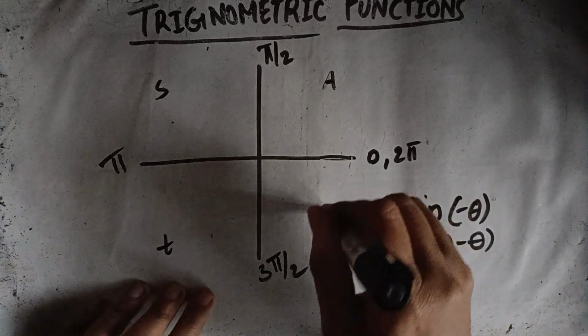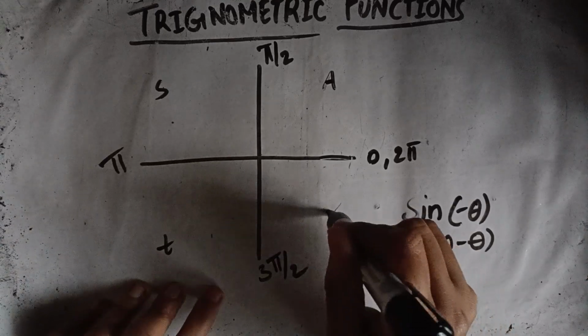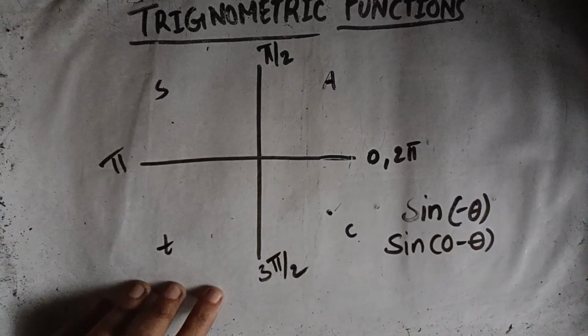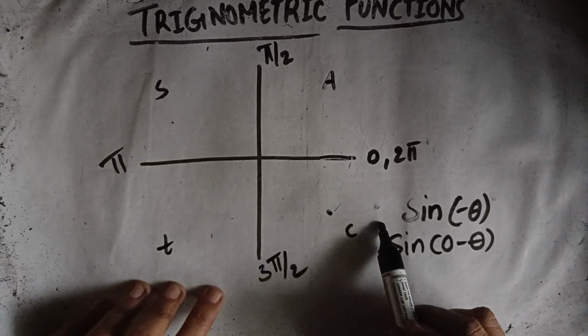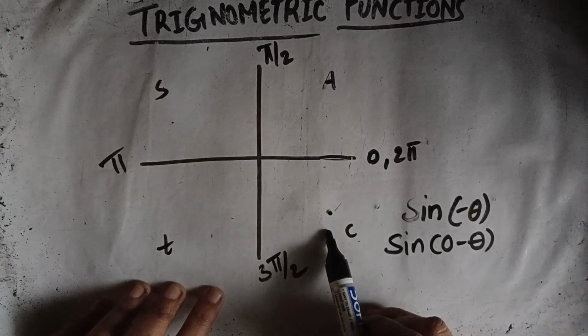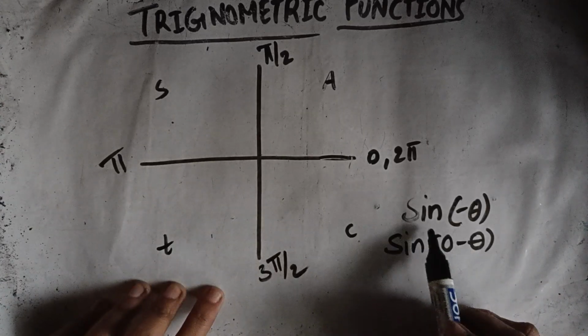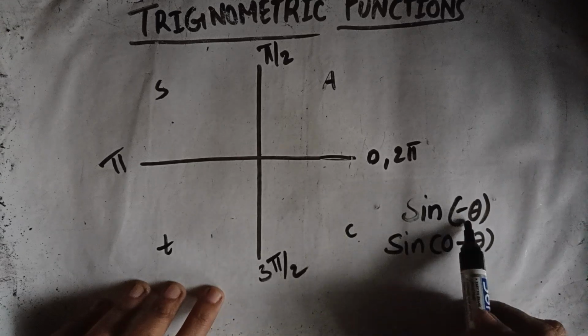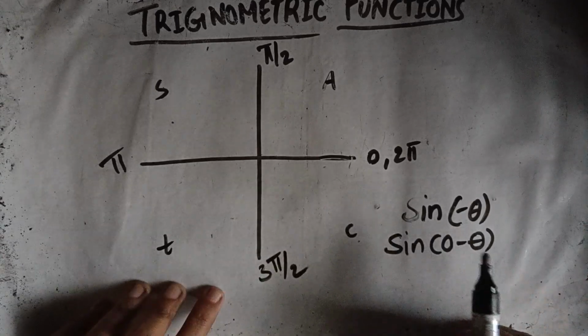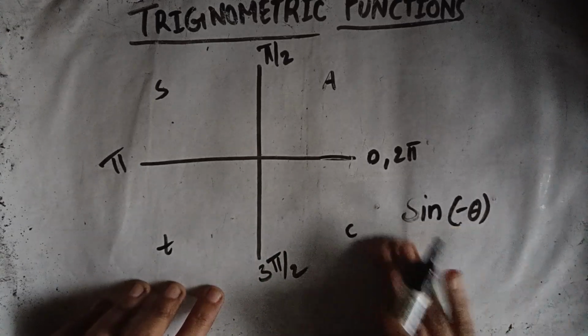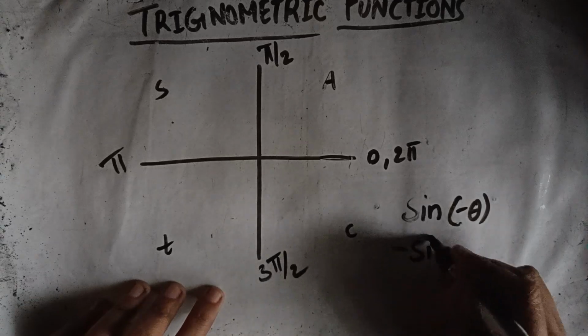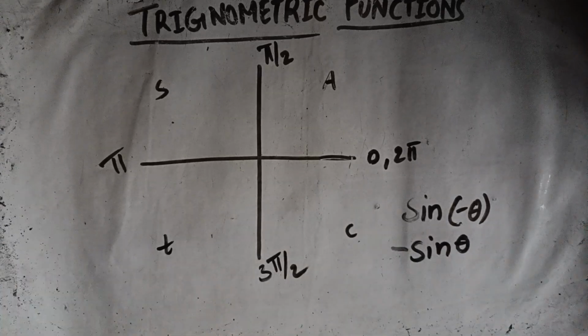So it falls in the fourth quadrant. And for the fourth quadrant, what is the sign of sine? Only cos and sec are positive in the fourth quadrant. Correct? So the sign of sine here is negative. That's why we get this as minus sine theta. Theta is the angle. Okay.